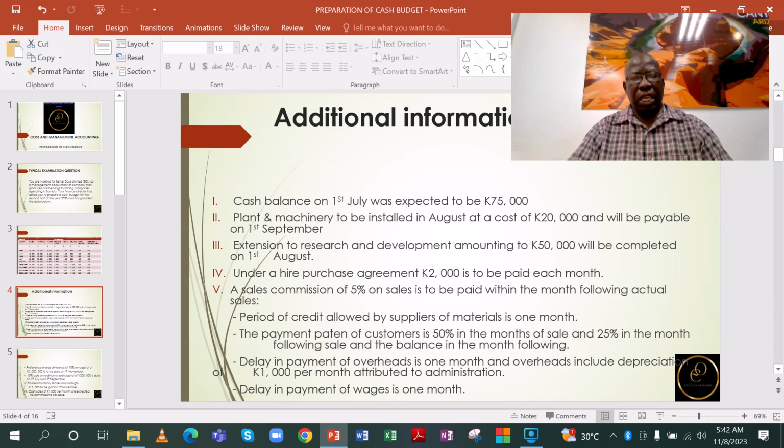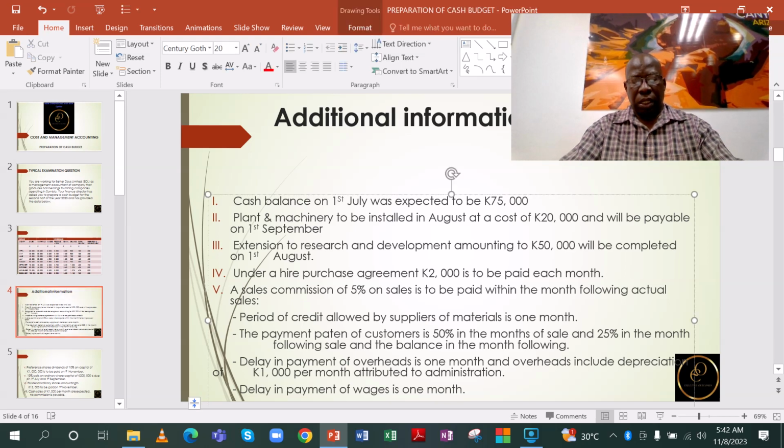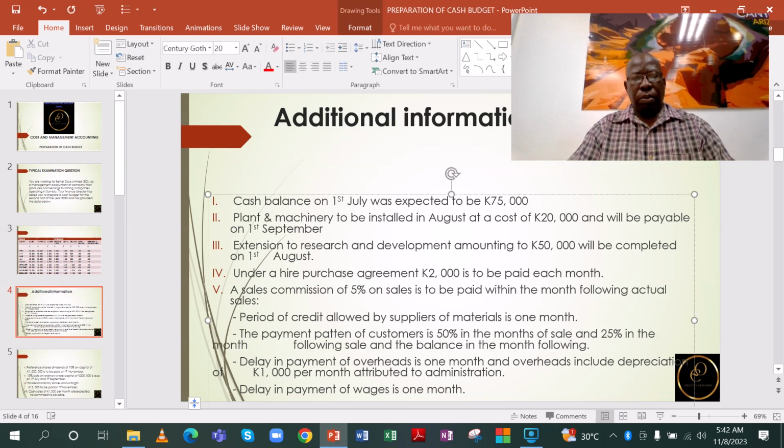Guided by the note to say payment pattern for the customers is 50% in the month of sale, 25% in the month following sale, and the balance in the month following. So there's 50%, 25%, again 25%.